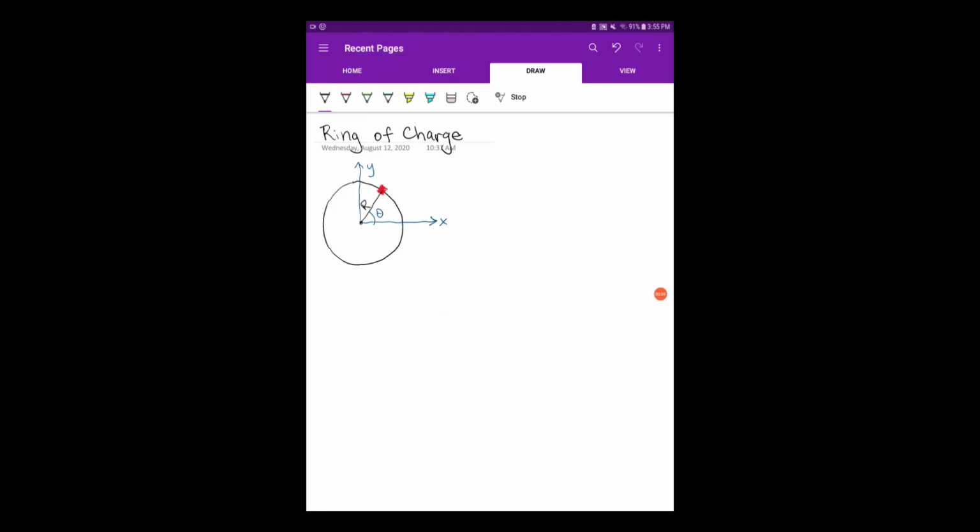We know that on the circle, the position of the charge we're currently interested in will have a vector position described by the radius and the angle.